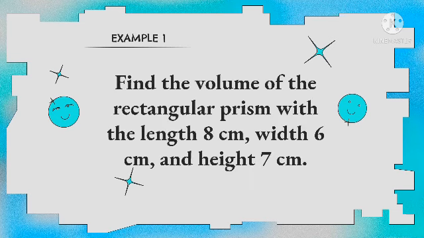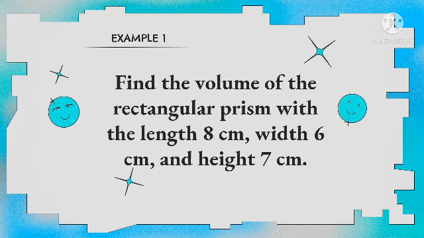Okay, so let's try solving other examples. So, let's solve this problem. Find the volume of the rectangular prism with the length of 8 cm, width 6 cm, and height 7 cm. So, hahanapin lang natin yung volume niya.